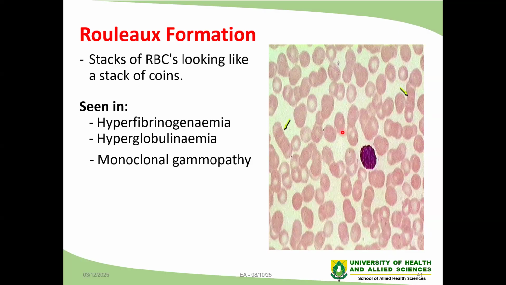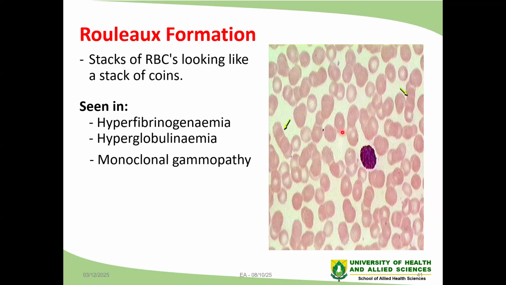In the blood film, we have the area of morphology. That is where you need to examine to establish whether something you saw within the thick portions of the film is actually true or not. So you may have this forming in conditions such as hyperfibrinogenemia. When you have lots of fibrinogen in the blood, it could lead to the formation of this rouleau.